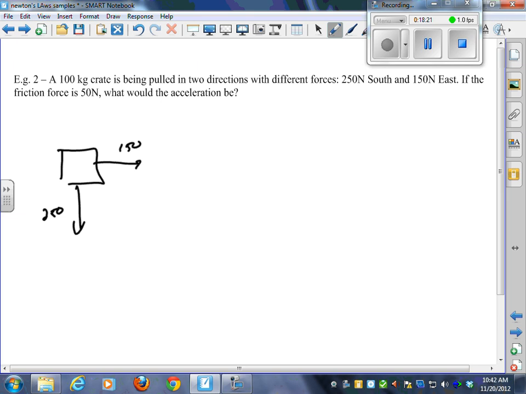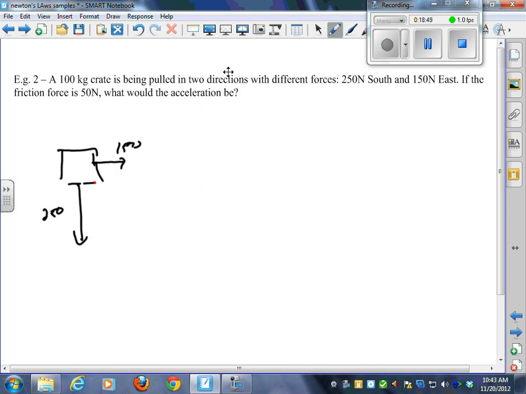Good. Now, which way is the thing going to go? Southeast, but more to the south, right? South, southeast. Kind of like that, right? In fact, if I'm adding these vectors, like I should be, let me just draw these a little bit better. If 250 newtons is like that, then 150 might be kind of like that.